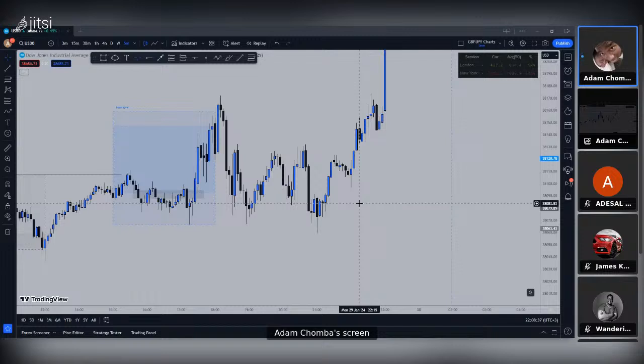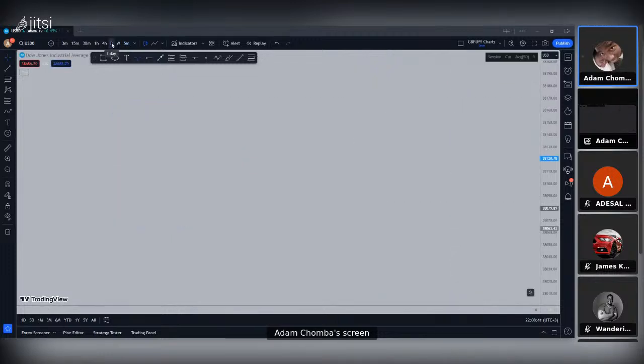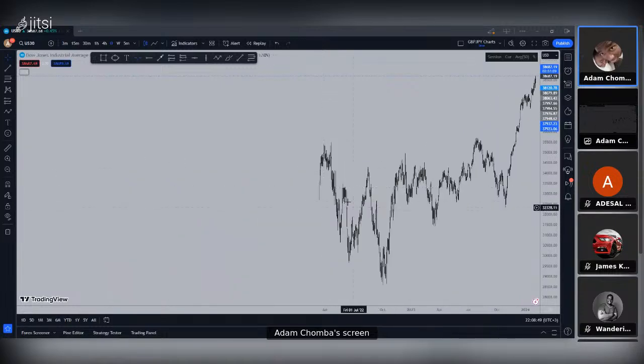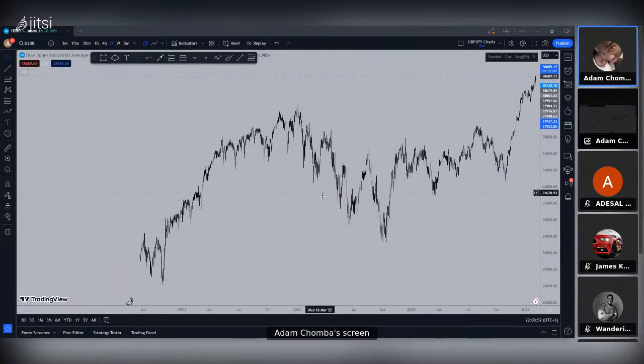Usually, for the most part, the indices are bullish, and by bullish I mean for the longest time have been going up. Unless we have crashes like economic crashes that are crazy.